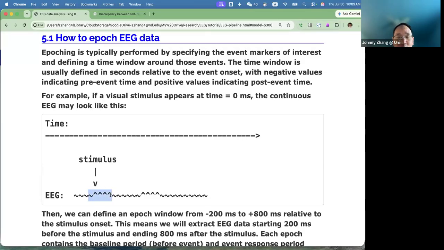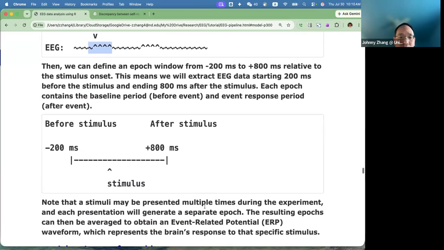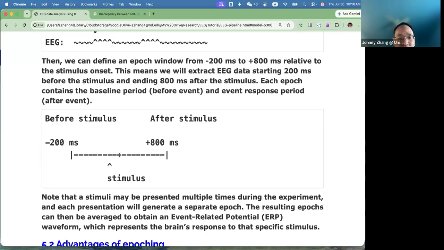This part is the information most relevant to our study, so we want to keep it. So epoching is basically to pick the signals around the events, before and after the events. This is the final signal we are interested in.